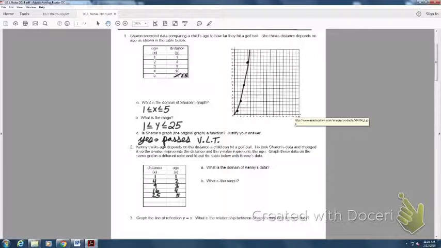And then you'll graph those points. Like so.